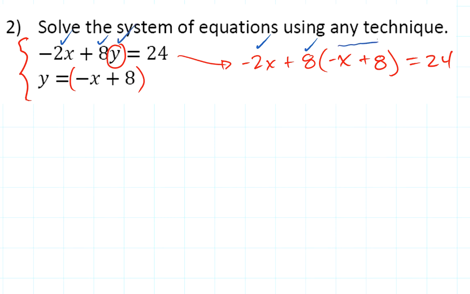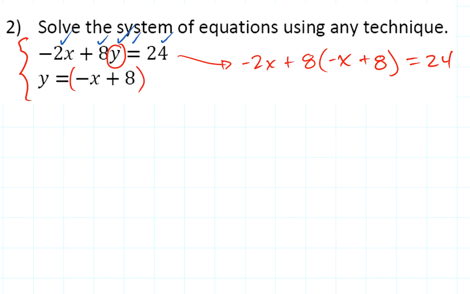Here's the y I'm multiplying by, and then that equals 24. This is substitution. And now that I've completed the substitution, the equation I have now only has this single variable x in it. So we can use our basic equation solving techniques to solve for x.